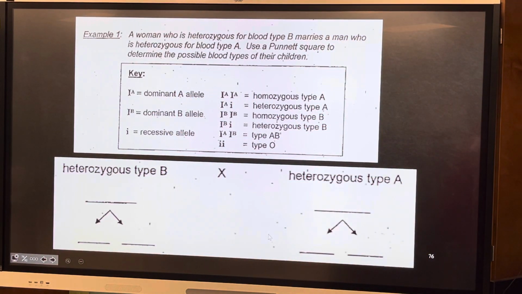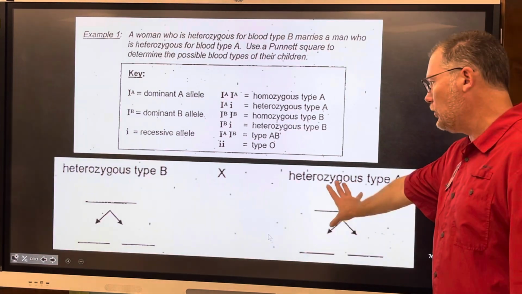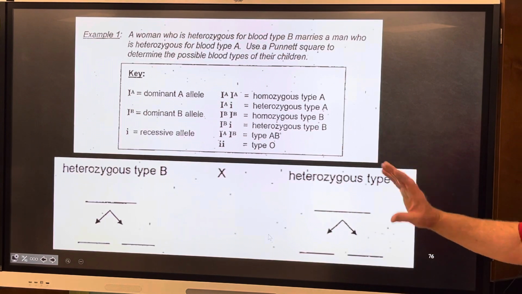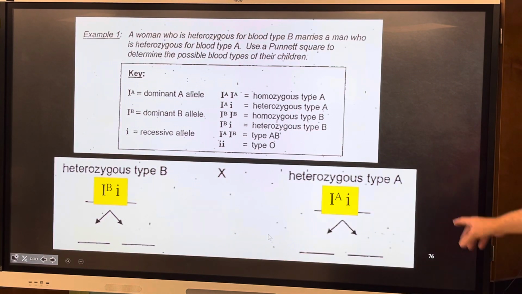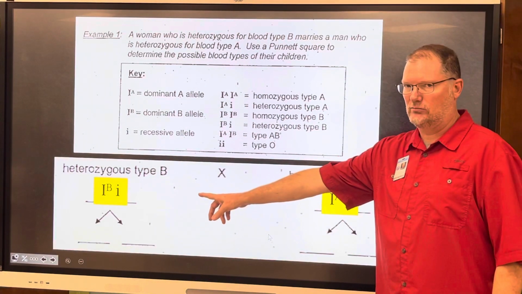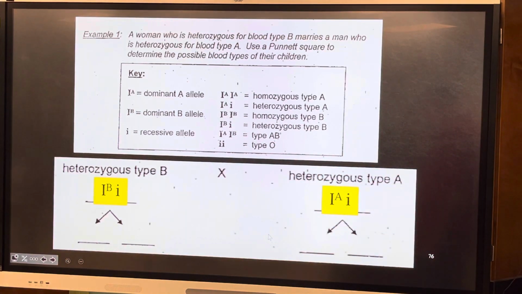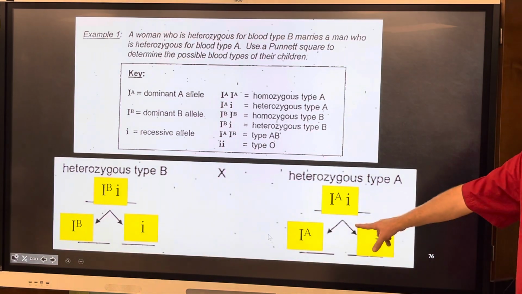And then step 2 is to find out which gametes are possible by each parent. And so we just essentially did this on the last slide, right? But you're going to fill these in the blank spaces. And then you've got capital IB, little i, capital IA, little i. So these are the possible gametes.